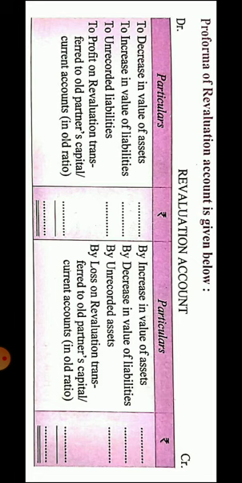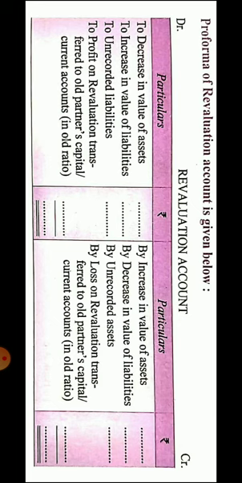The debit side will have these points. First is decrease in value of assets. Whenever any asset is decreasing in value, it will be presented at the debit side of revaluation. Second is increase in value of liabilities. If there is any increment in the value of liabilities, it will be shown at the debit side.